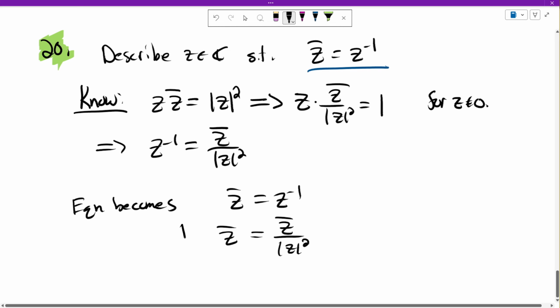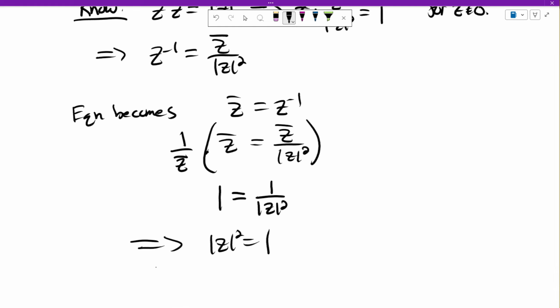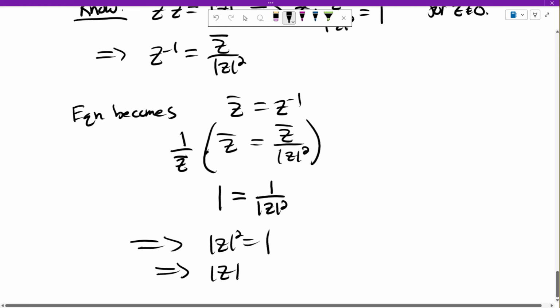So we can divide both sides by Z bar, and the Z bars cancel on both sides. We get this expression, and this tells us that the modulus of Z squared is 1. But the modulus of Z is always a positive quantity, so this is the same as saying the modulus of Z is 1.